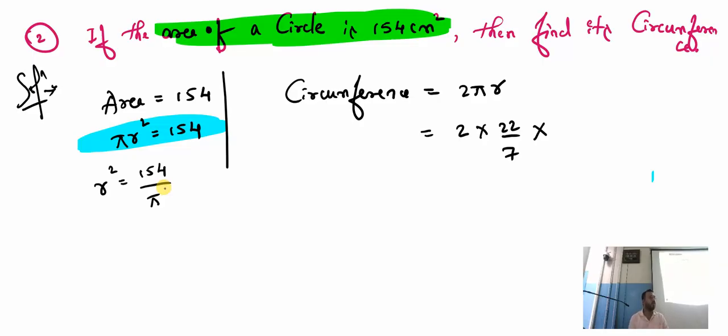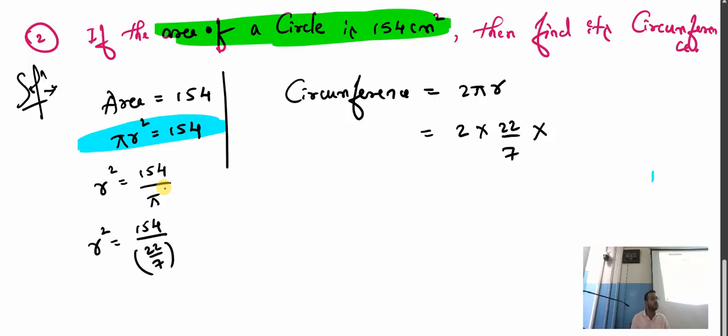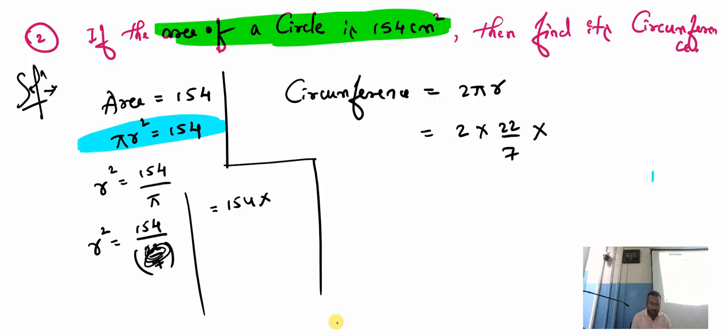Shift pi down, cross multiply. So pi will come down. Now r square is equals to 154 divided by pi, and pi is 22 by 7. That is equals to 154 into this 22 by 7.